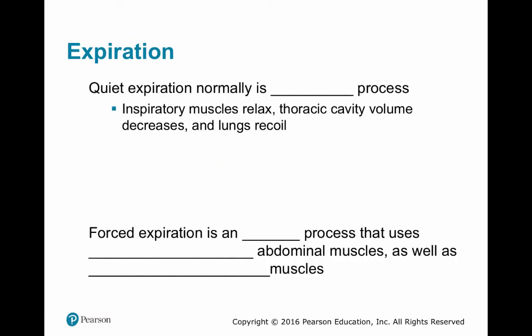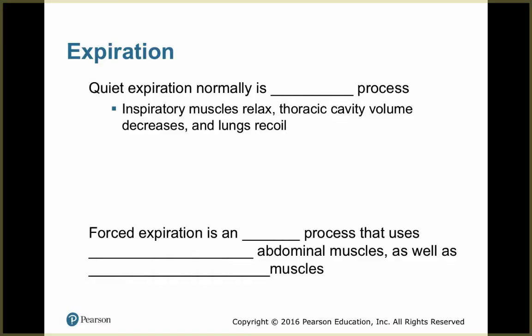Now, expiration, and this is quiet expiration as normal. This is not any kind where you're pushing it out. So this is considered a passive process because basically your muscles are just relaxing. So the thoracic cavity volume decreases, goes back to where it normally is, and then the lungs recoil, right? So here the P-pul is increasing by 1 millimeter of mercury, right?